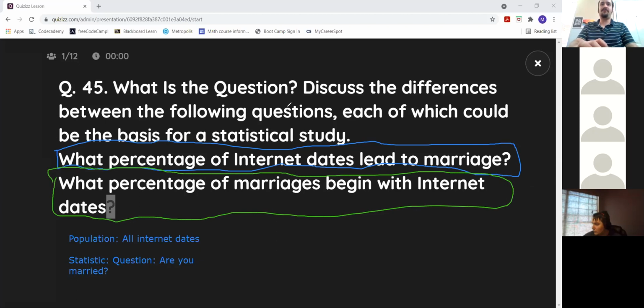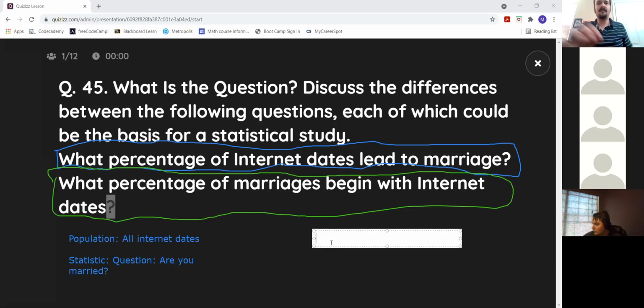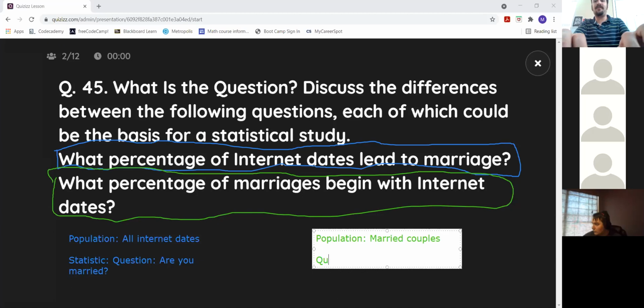The population I'm drawing from here is going to be the opposite, and I'm going to ask them the opposite question. So my population here is married couples. I go to all married couples, and the question here is: did you meet on the internet?